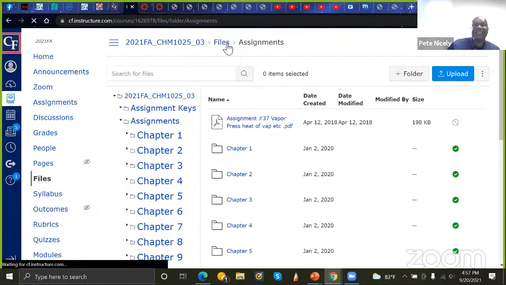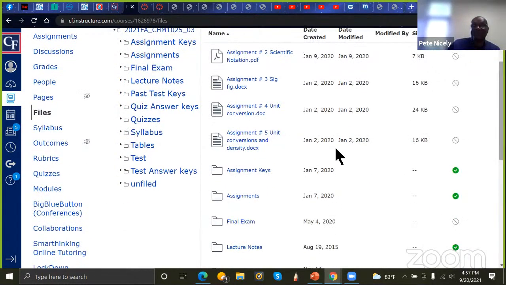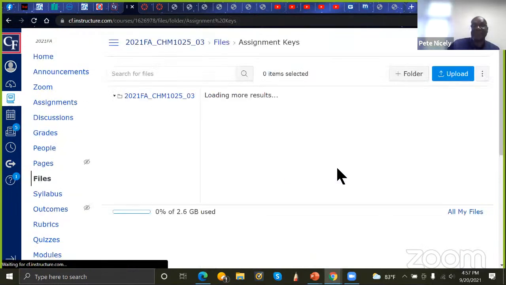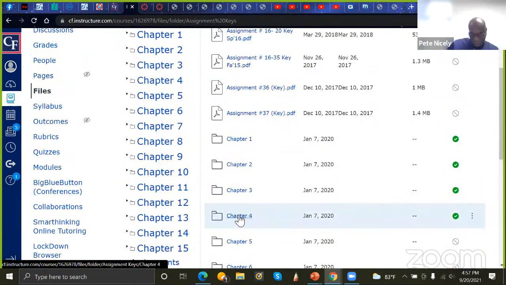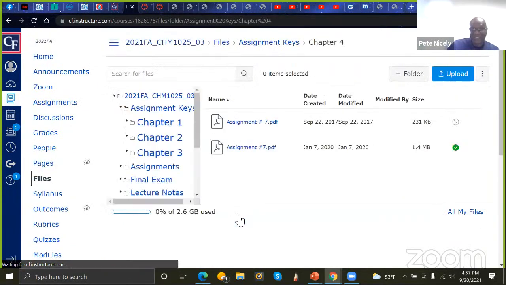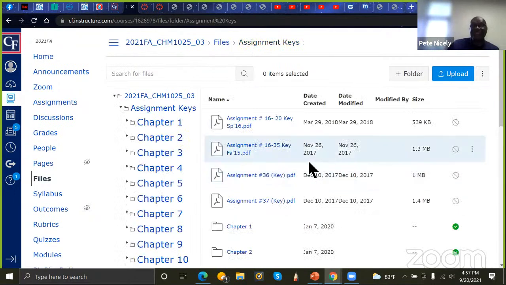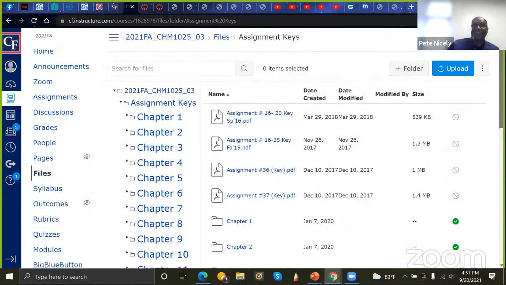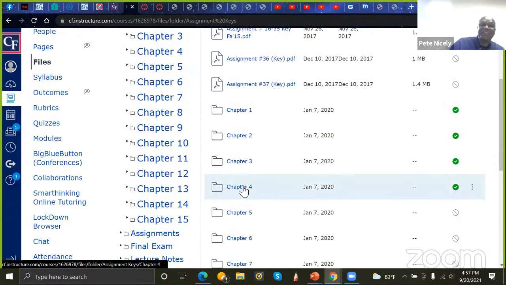Another thing I want to say, I think I have published all the assignment keys. Let me just check and make sure. Yes, I did. Chapter 4, yes, okay. So I have posted all the assignment keys for chapters 1 through 4, which corresponds to assignments 1 through 7.